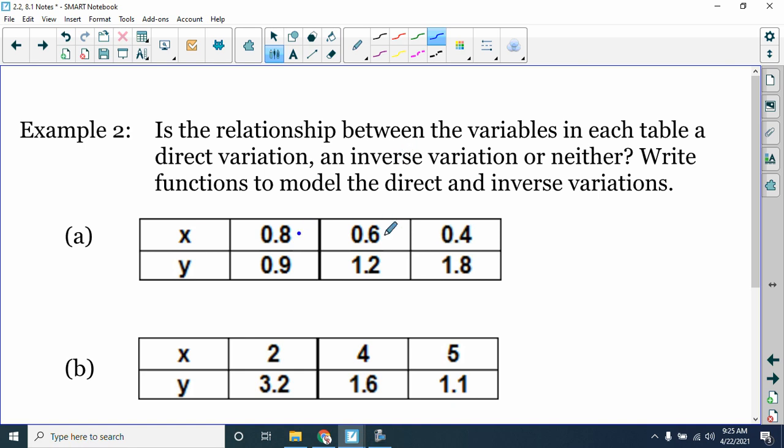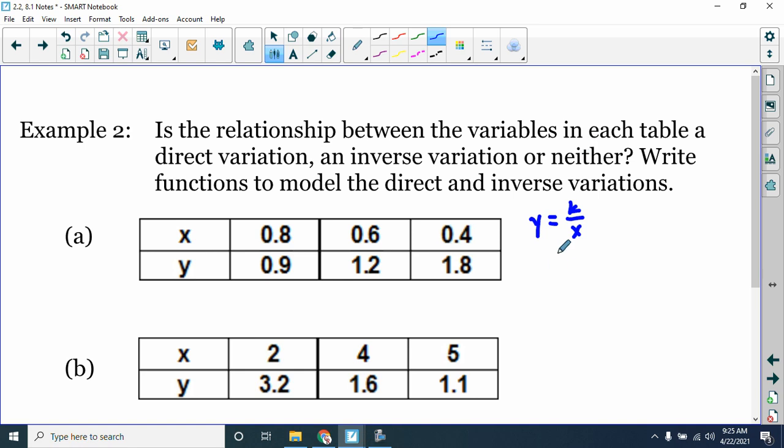As my x values are getting smaller, my y values are getting bigger. If my x's go one way, they're getting smaller, and my y values are going the other way, they're getting bigger, it cannot be direct variation. The only thing we could possibly have here is inverse variation. So let's assume we have inverse variation, y equals k divided by x.